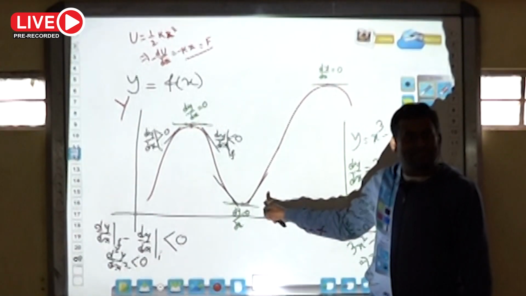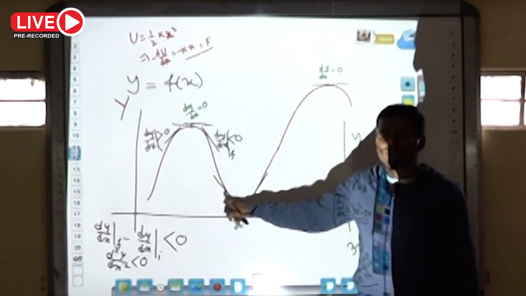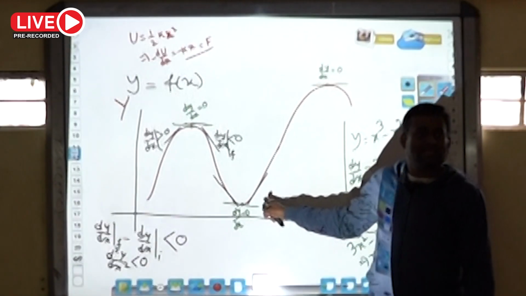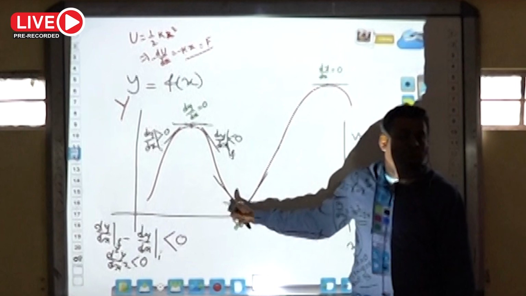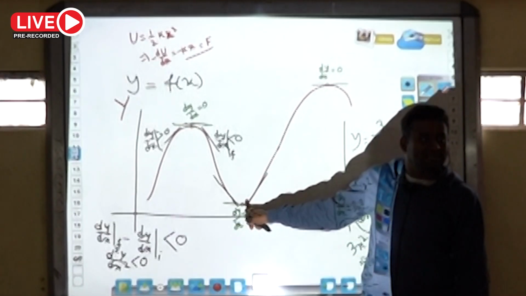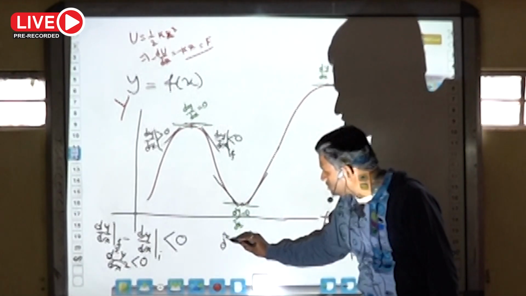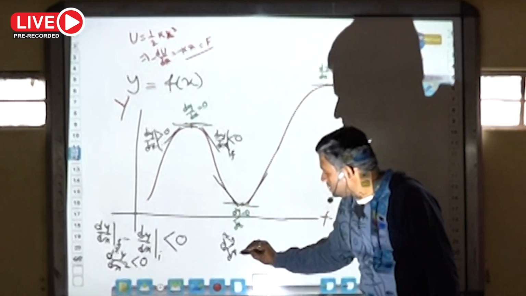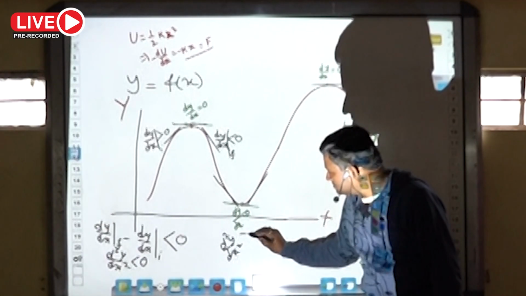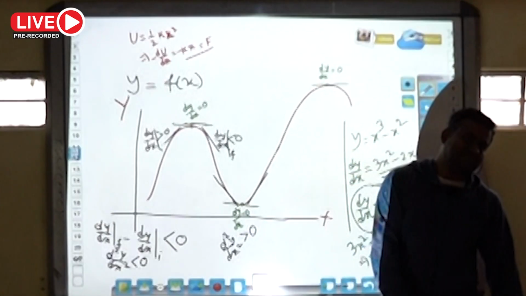Now final is positive, initial is negative. Suppose final is plus 3, initial is minus 3. So 3 minus of minus 3 becomes plus. So near the minimum value, d2y dx2 will become positive.